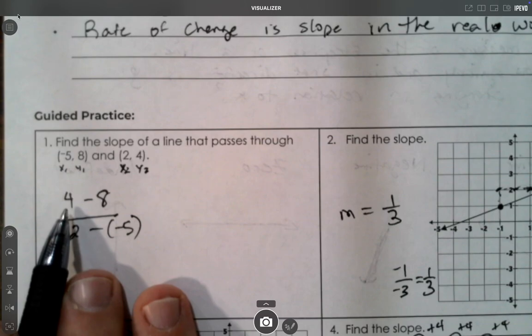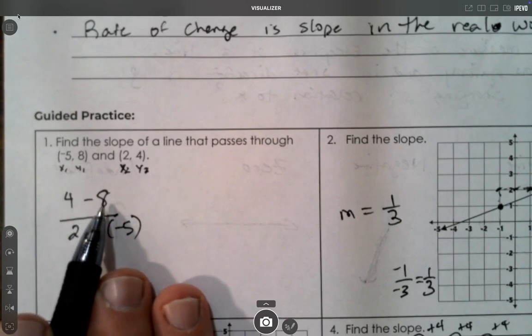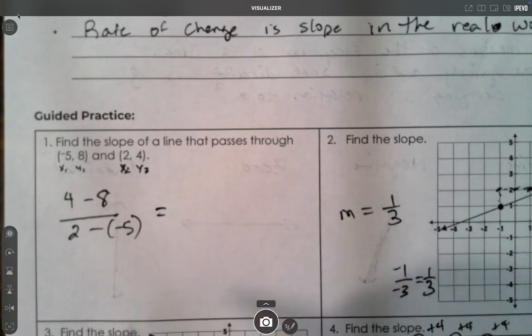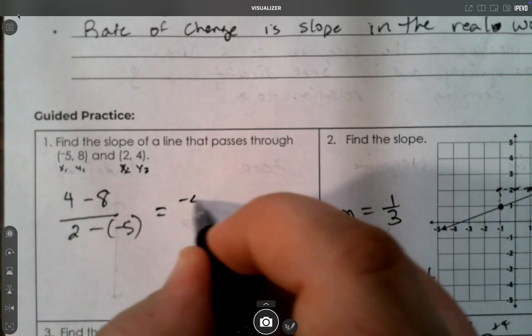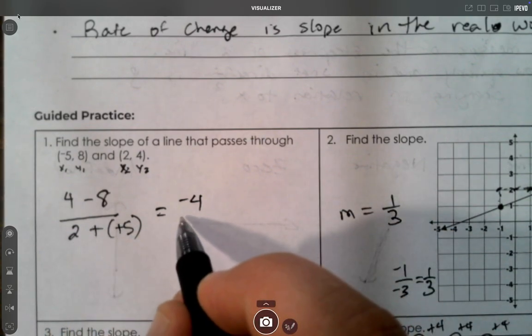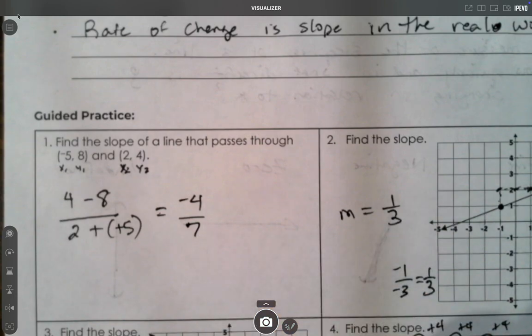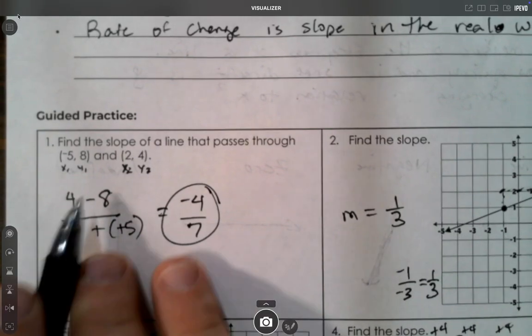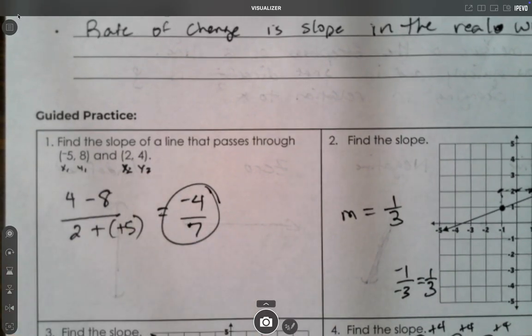So y2 minus y1 over x2 minus x1. 4 minus 8 is -4. Minus a negative changes to plus a positive. 2 plus 5 is 7. And that won't reduce. We can't divide -4 by 7, so our answer is -4/7. That is the slope of the line that would pass through those 2 points.